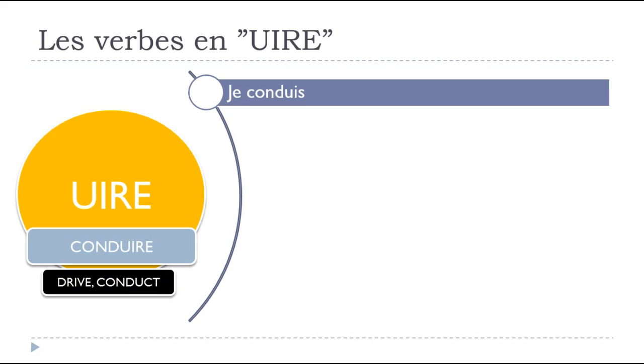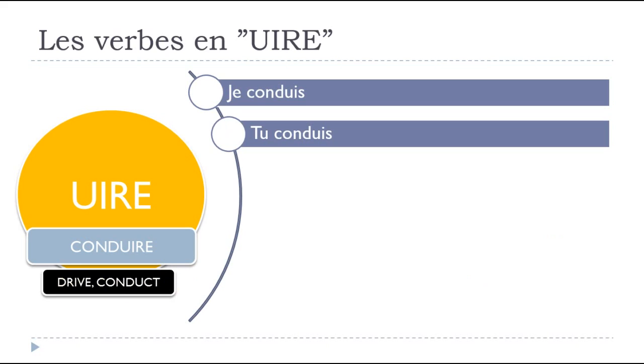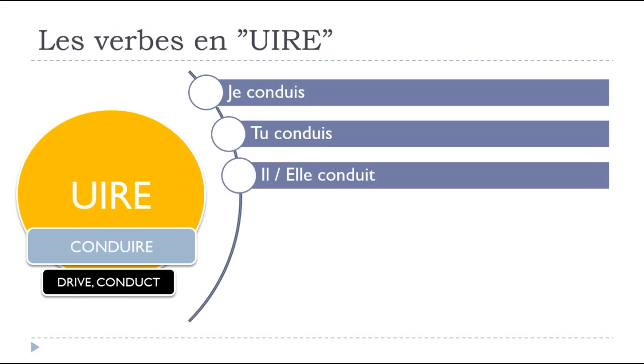Je conduis. Tu conduis. Il conduit. Elle conduit. So far it's not that difficult, okay, because I assume that most of you would have put this final S here, S and then T, because in most of the cases that's the way we conjugate the verbs of the third group.